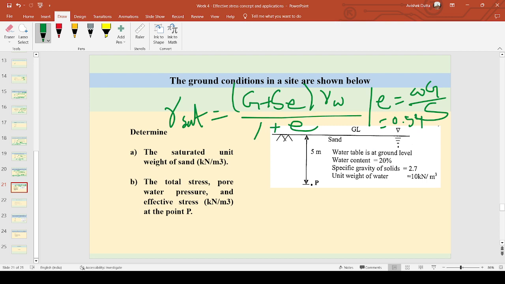Put in the value of E as 0.54 and S equals 1, gamma W equals 10 kN per meter cube, G as 2.7. We get gamma sat, that is the answer of the first question, as 21.04 kilonewton per meter cube, given in the same unit.